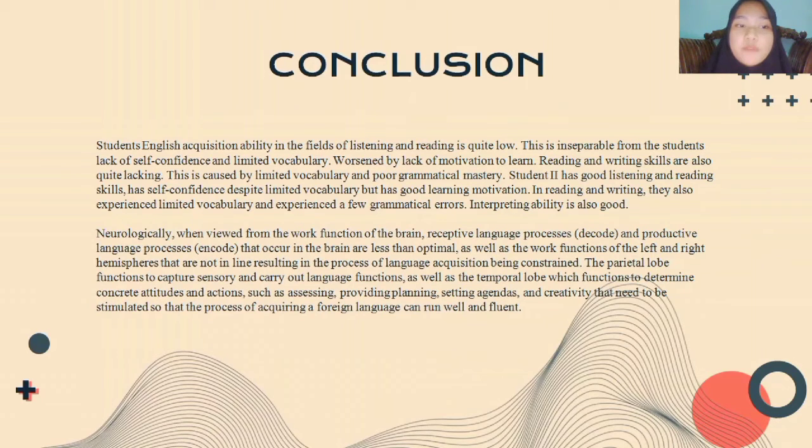The parietal lobe functions to capture sensory input and carry out language function, as well as the temporal lobe, which functions to determine concrete attitudes and actions, such as assessing, providing planning, setting agenda, and the creativity that needs to be stimulated so that the process of acquiring a foreign language can run well and flow.